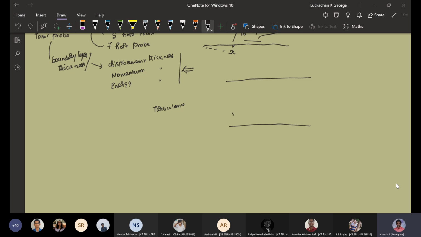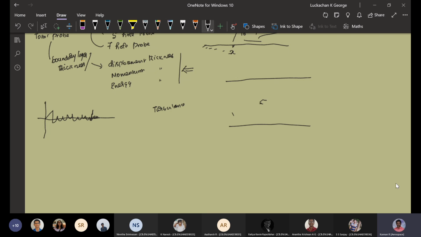If I keep a hot wire anemometer inside, using the hot wire I can measure the instantaneous velocity.